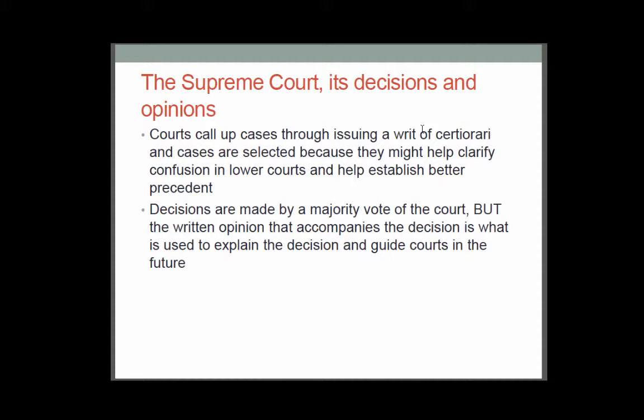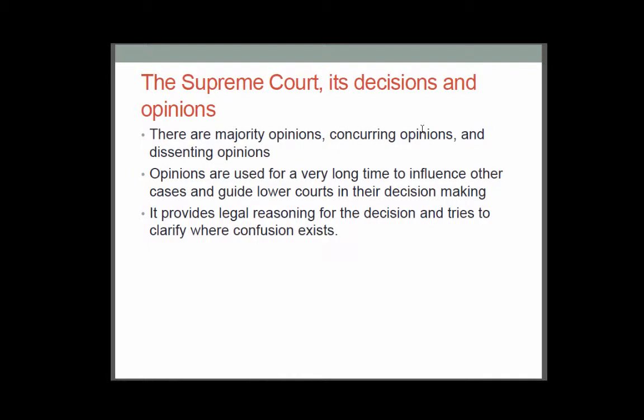the bigger part of this is the written decision that explains their vote, the logic of their vote, of what they meant. These decisions are very important in future cases. We call these opinions. We call the winning side's writing the majority opinion.